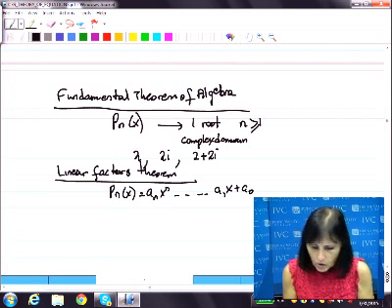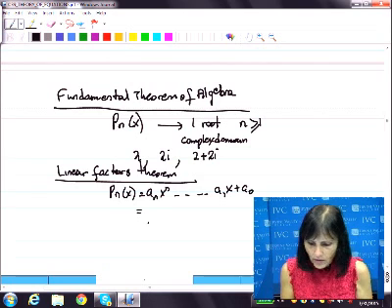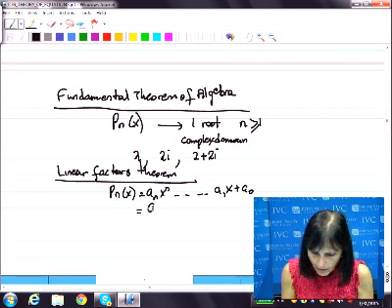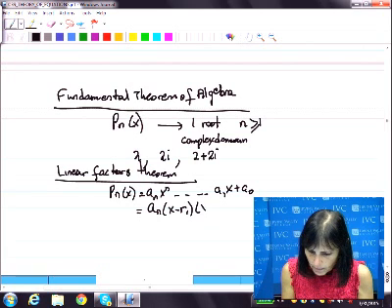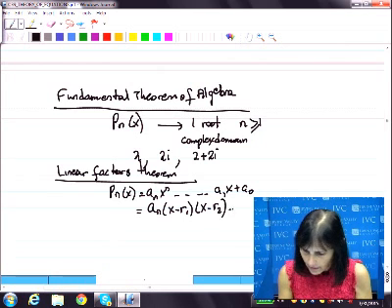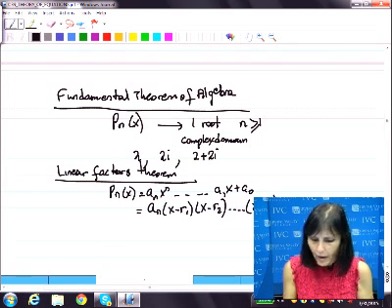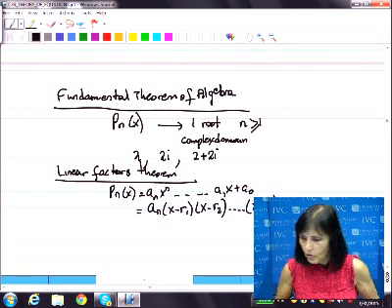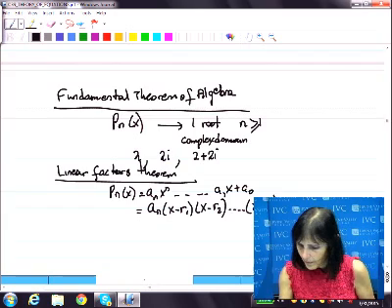Okay, good. So the linear factors theorem says I can write this as my leading coefficient times (x minus the first root)(x minus the second root), and so on. The first and second root can be the same. They can be complex, they can be imaginary, it can be anything. And then you can write the polynomial as a product of linear factors. That's called the linear factors theorem.